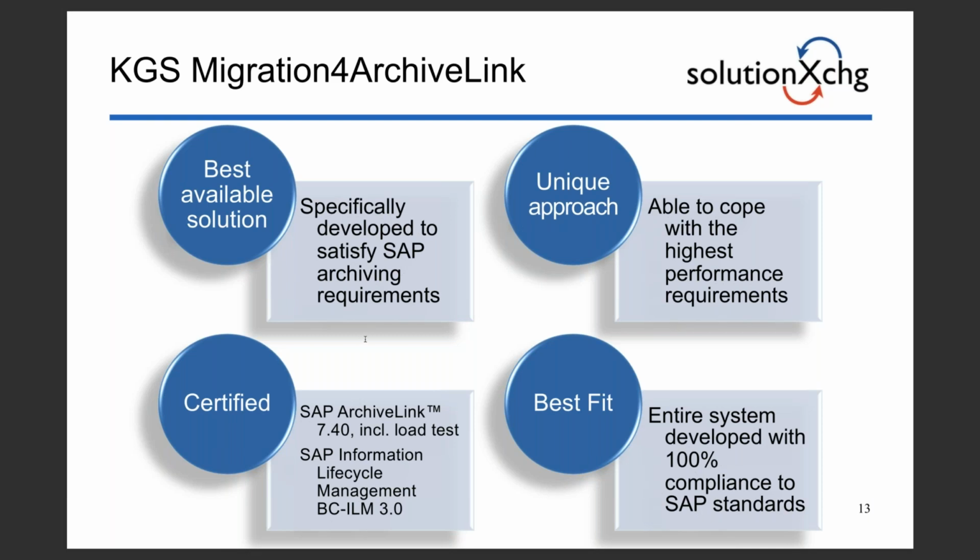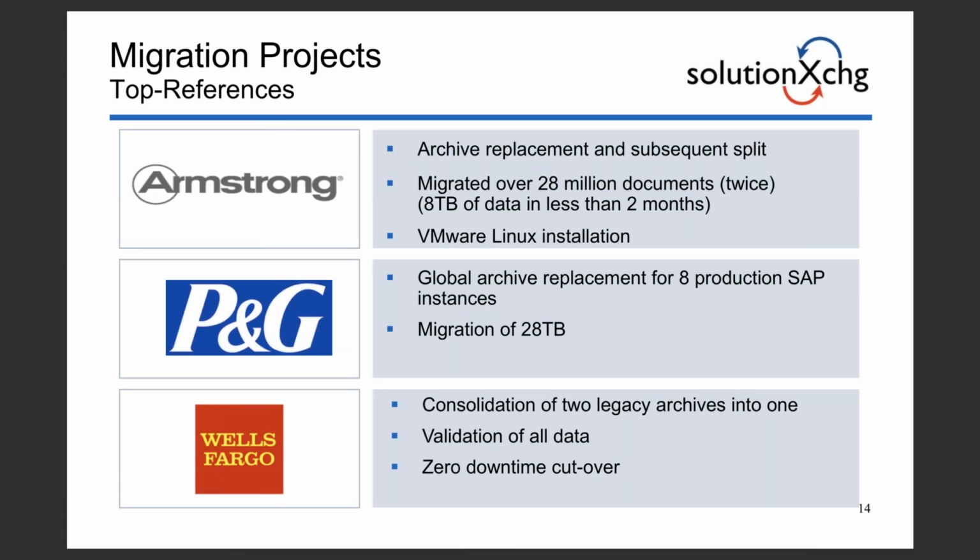You can even have multiple migration servers run against one archive server to pull documents. It's certified for the latest SAP Archive Link and S/4HANA environments, and also supports ILM functionality. In our eyes, it's the best fit, an entire system developed with 100% compliance to SAP standards in mind.